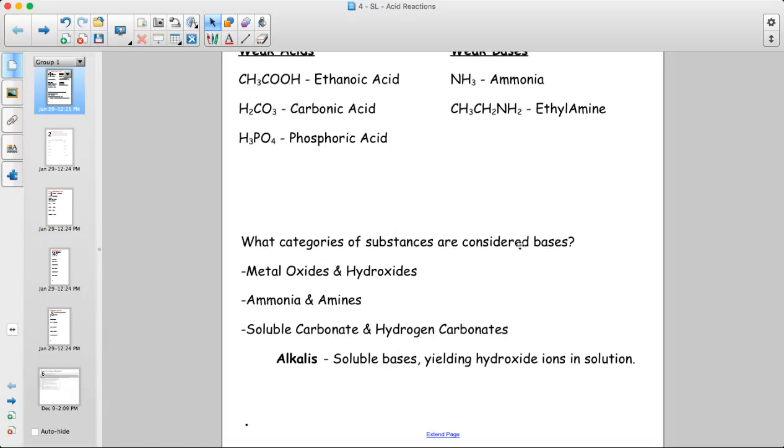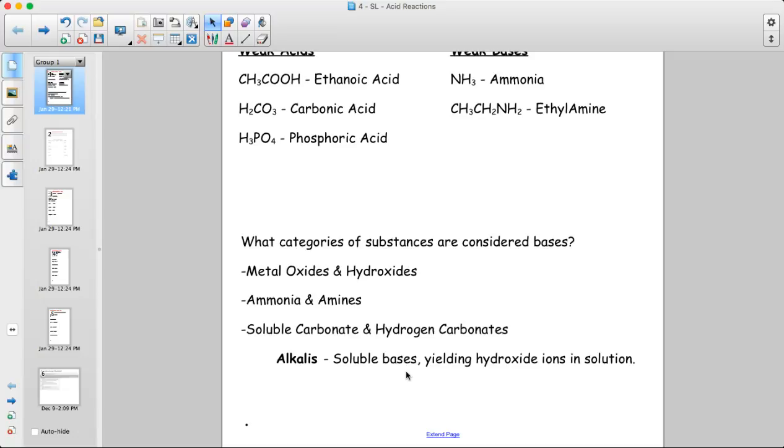Whenever we have an acid react with something, the other thing is acting basic in that situation. So the other things we have going on are metal oxides, metal hydroxides, ammonia and amines, and carbonates and hydrogen carbonates.